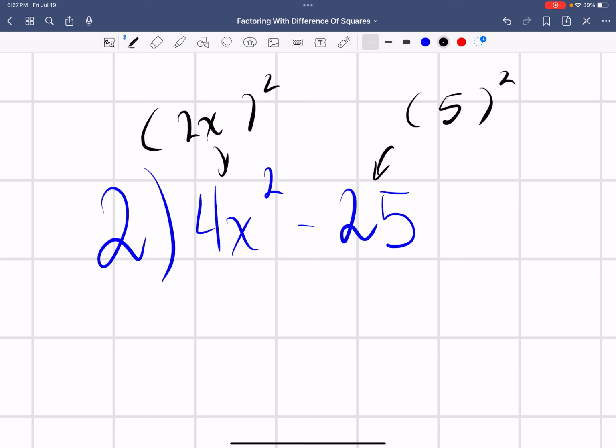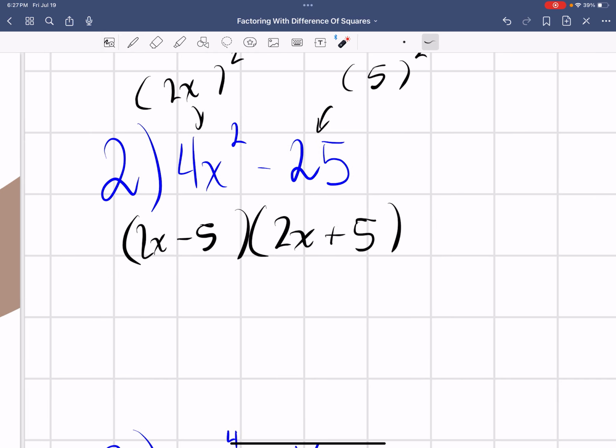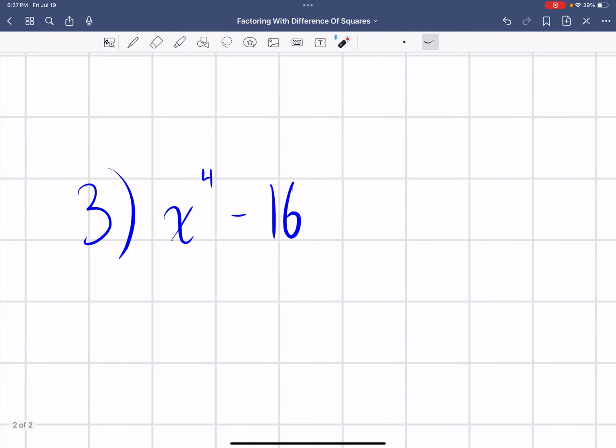That's just 5. And there they are, right? Those are a and b. So factoring it, we'll just say 2x minus 5 times 2x plus 5. Done. So really, the work is just writing these down, and then you can just throw it into the template pattern, and you're done. On to the next one here.